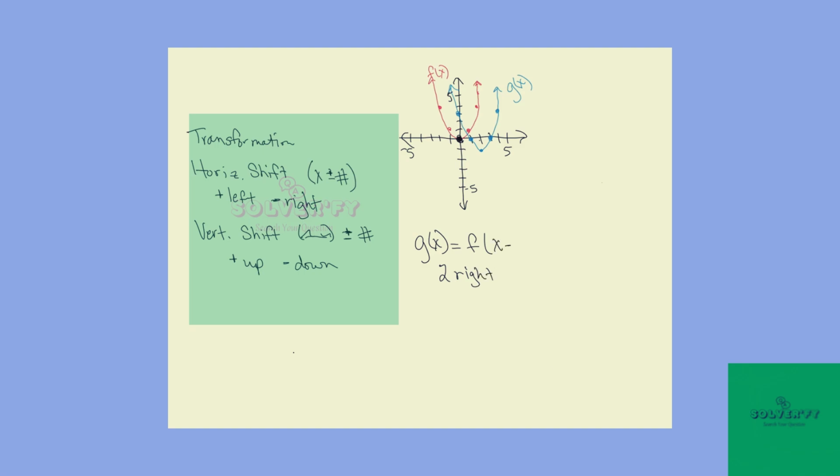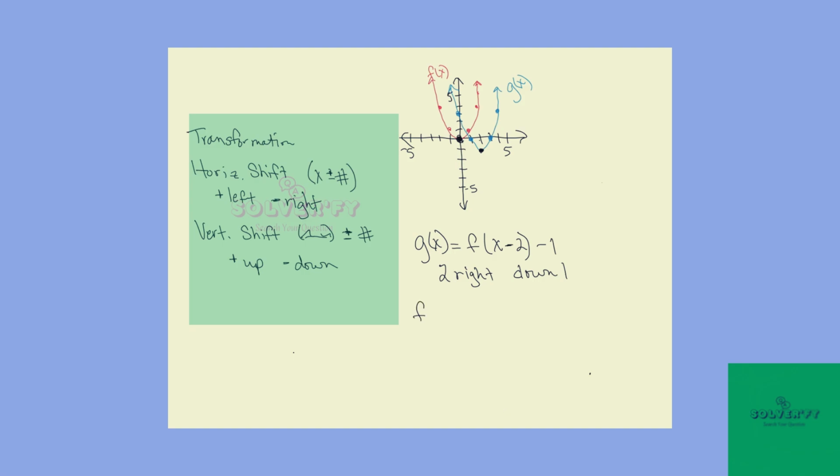And I know that if I want to show that, it's going to be x minus 2 in parentheses. And it has also gone down 1. And that gets it right there. So that's how you write that in terms of f.